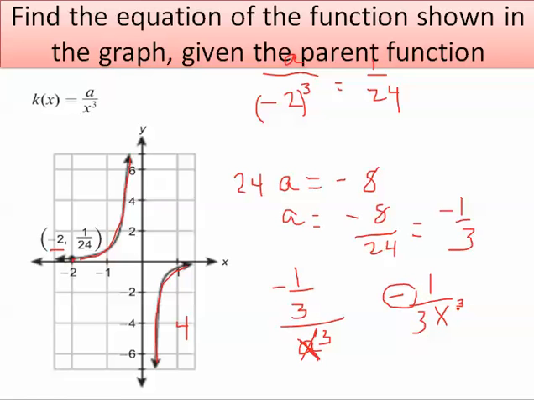Okay? It could have been x to the 5th, but I used x to the 3rd. Okay? Then, using this point, -2 over 1/24, I simply set that equal, and I was able to find what the value for a was. And that would be the graph of the function that I'd be looking at here. So k of x is equal to this. That whole thing.